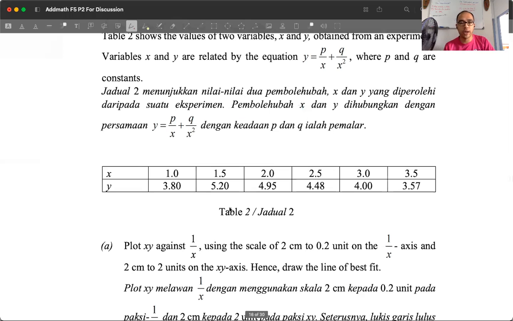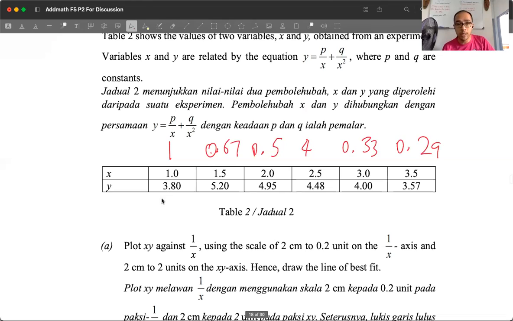Okay, wait. 1 over x. 1 over 1 is 1. 1 over 1.5 is 0.67. 1 over 2 is 0.5. 1 over 0.25 is 4. 1 over 3 is 0.33. 1 over 3.5 is 0.29. Is that the answer that I got? Yeah, 0.29.